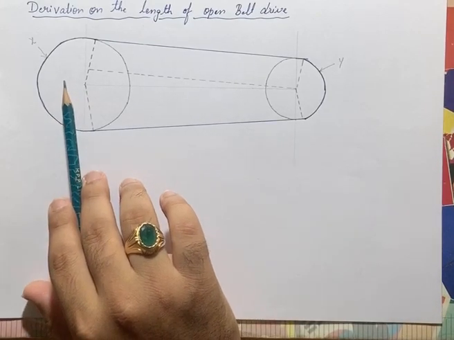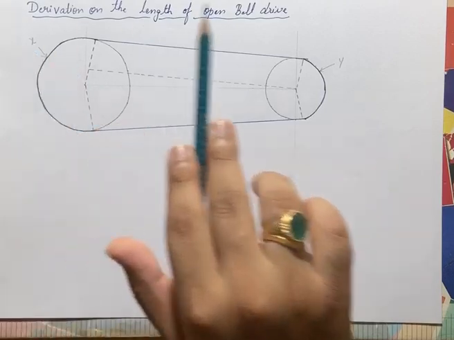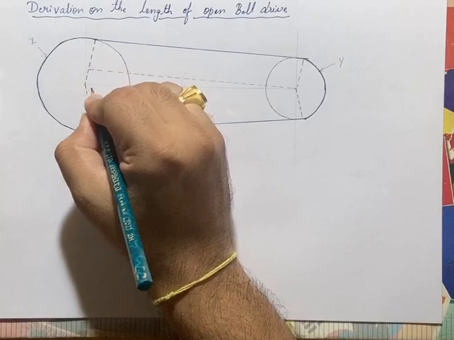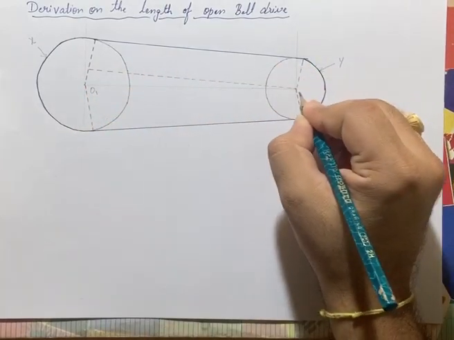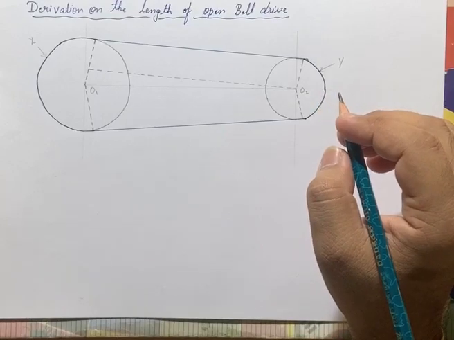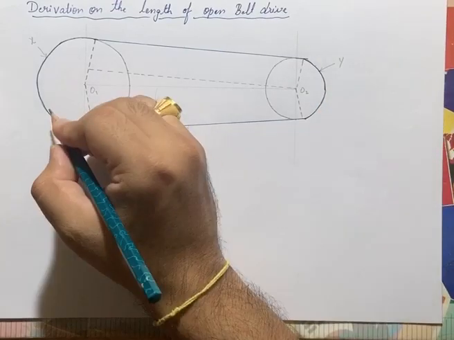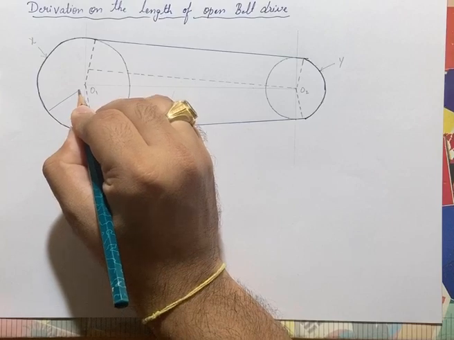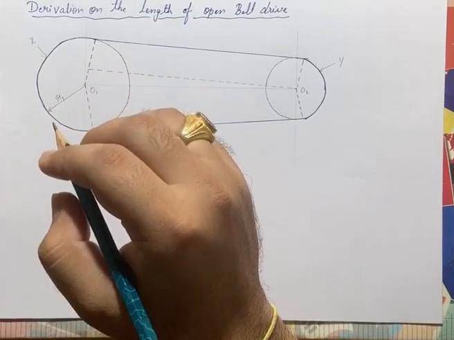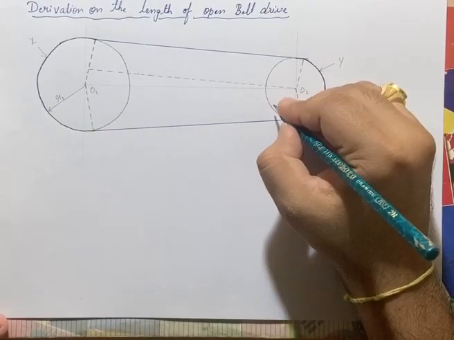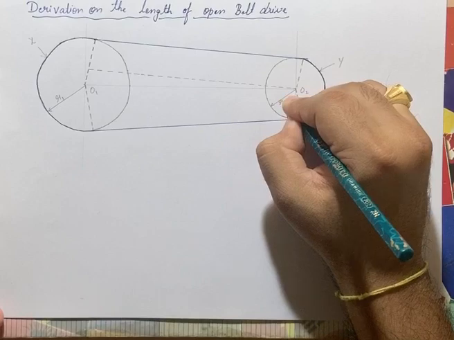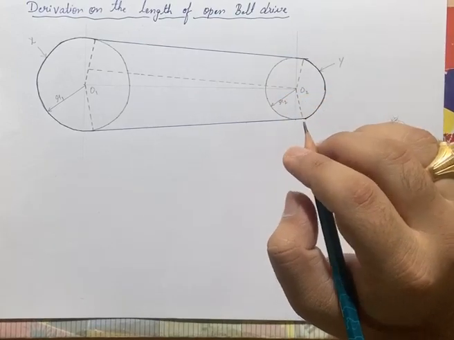So we have a driver pulley called X and a driven pulley called Y. This center I'll call O1 and this center is O2. This distance I'll call R1, the radius of the driver pulley, and this one R2, the radius of the driven pulley.